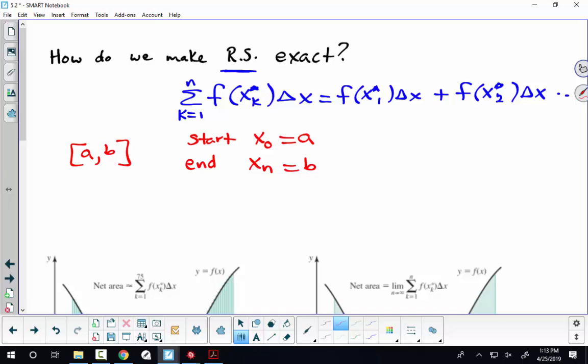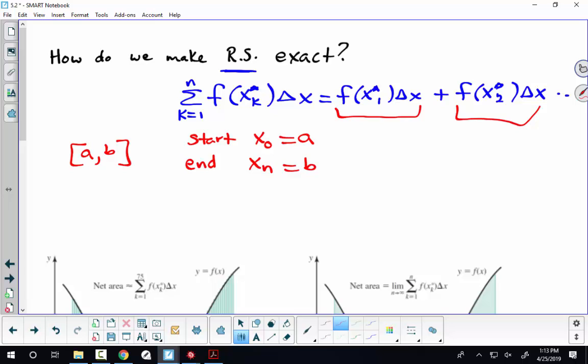Like I said, the area is just the area of rectangles added up together. So we see this right here, that's the area of rectangle number 1 plus the area of rectangle number 2, right? So f of x star times delta x gives us the area of each rectangle. How do we define the area of a rectangle, in a geometric sense? It's length times width.